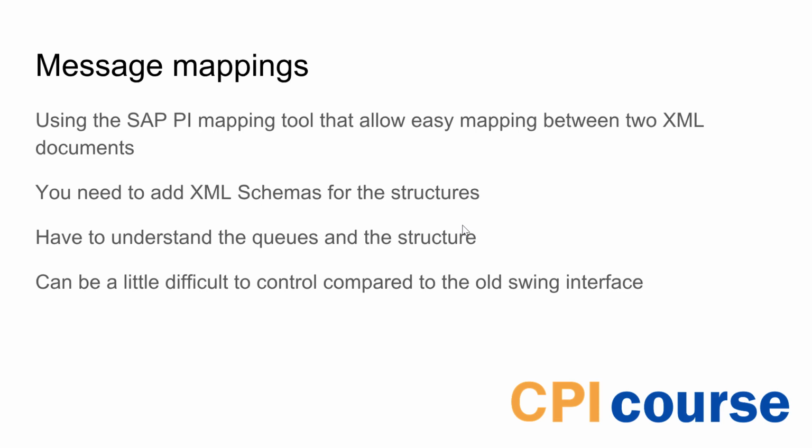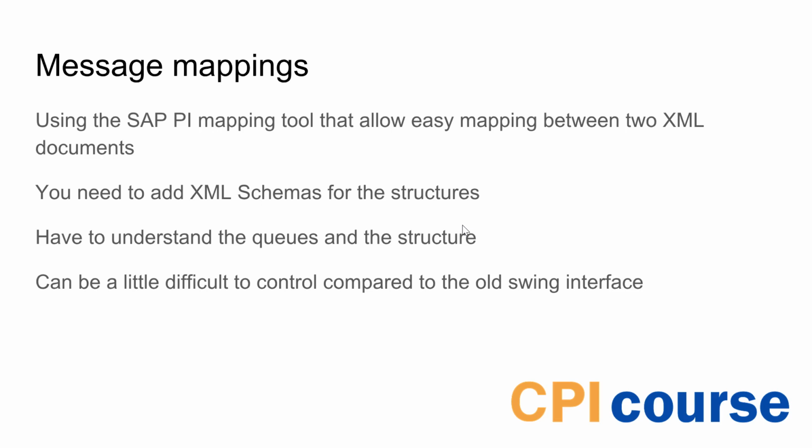I do have a separate training on all of this that you can attend based on the PI system, because it's a lot more required there, whereas here the system is more flexible, so you probably will not end up creating as many message mappings, and not with the complexity that we have seen there. It's pretty simple. You just need to create a schema for it, and then you're good to go.